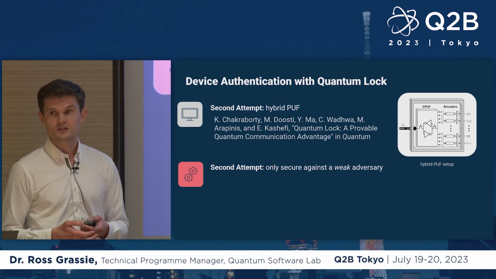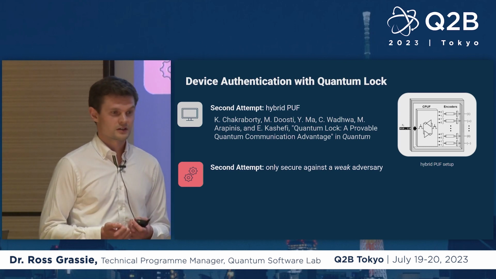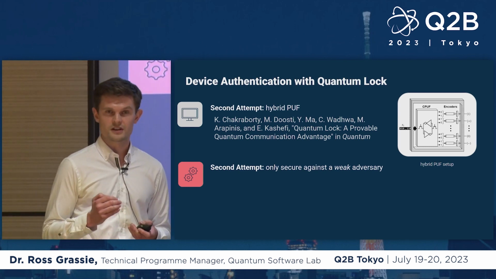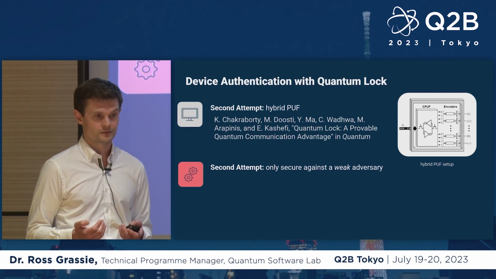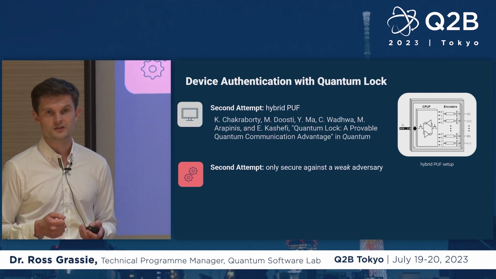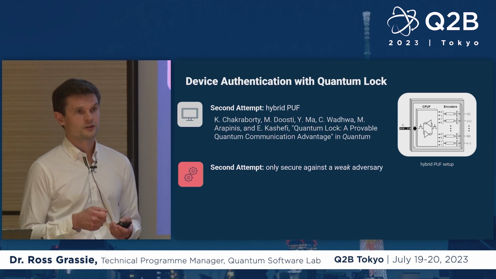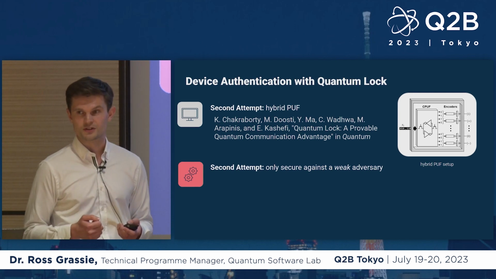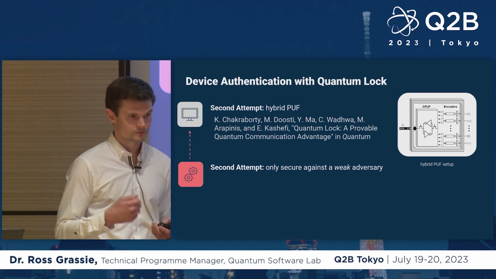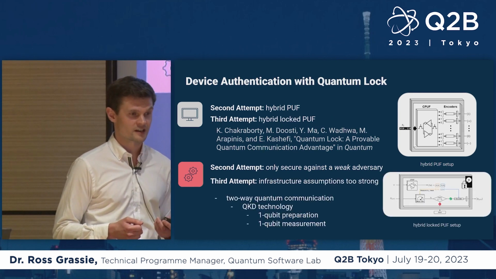Our second attempt was a hybrid PUF. So this reduced the requirement on the infrastructure. However, it was only secure against weak adversaries. A fully fault-tolerant quantum adversary would still be able to break this particular protocol. So back to the design stage once again.